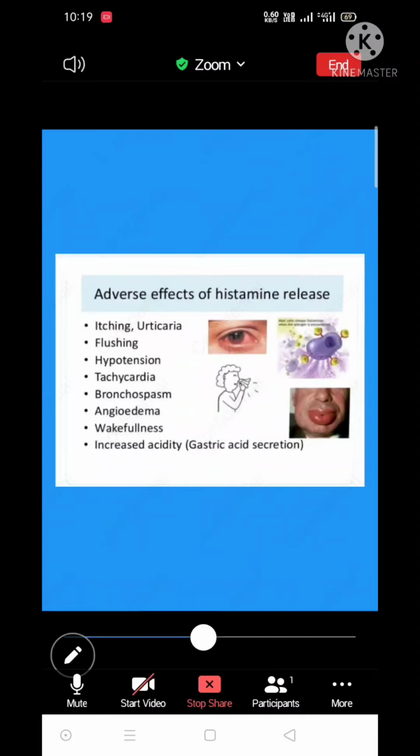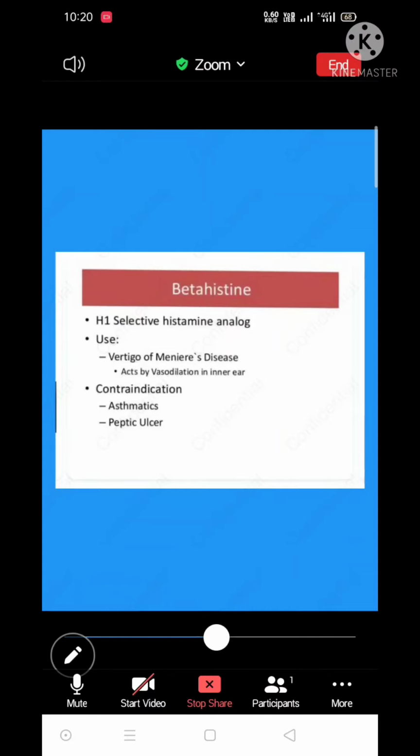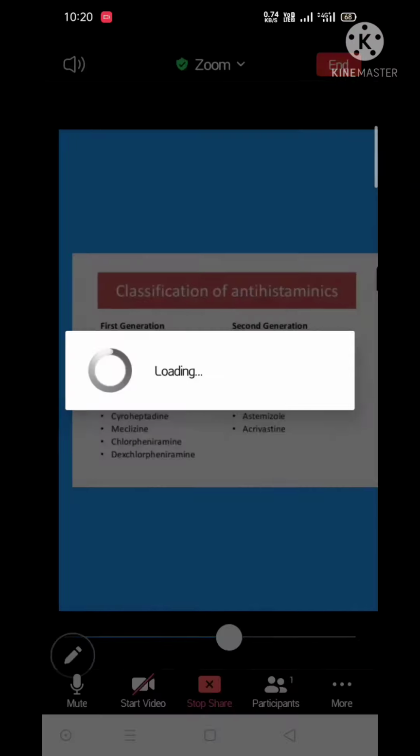The adverse effects of histamine release are itching, flushing, hypotension, tachycardia, which means increased heart rate, bronchospasm, angioedema, wakefulness, and increased acidity or gastric acid secretion. Okay, move on to the next one.